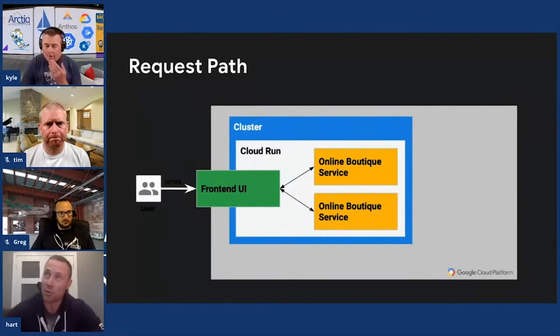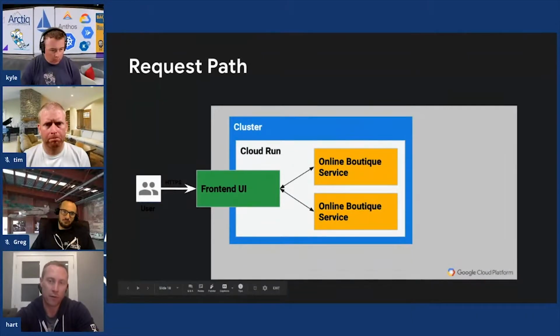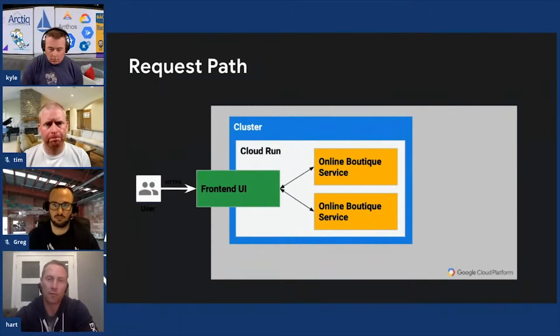So I want to talk a little bit about what I'm going to show on the demo side. Basically the requester path here, we've got your user. In this case, we're hitting the front end UI, which is hosted on Cloud Run for Anthos in our demo. And then we have our cluster. In the demo, we're using an Anthos cluster on GKE. We have our backend microservices apps that we're going to use in conjunction with the Cloud Run front end.